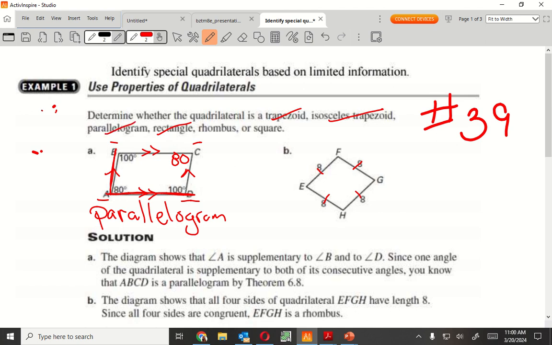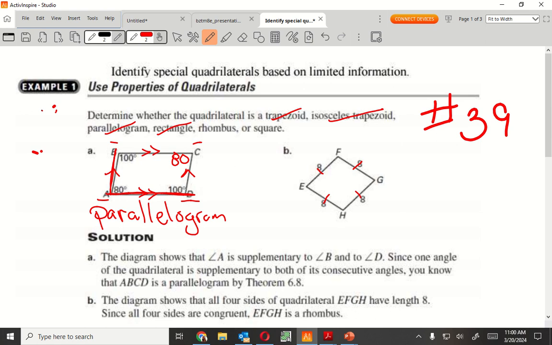What do you think a square is? What's special about a square? It's got 4 congruent sides. And what else is special? They are equal sides, but what else? 90 degrees in all the corners, right? All congruent angles. Does it look like these are all 90-degree angles?